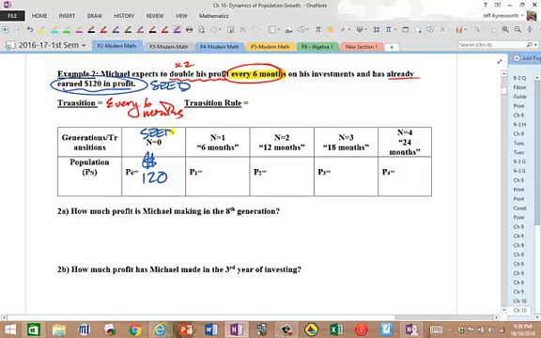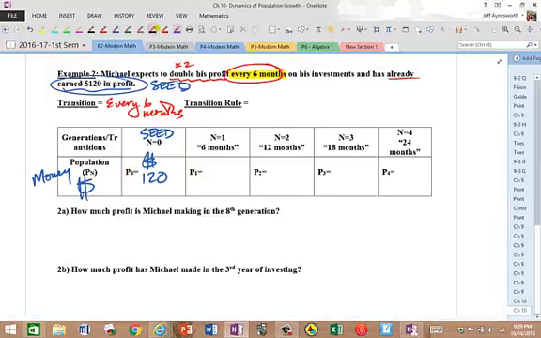In this case, we're dealing with money, so our population deals with money. As I said earlier, population is a general term. It could be people, animals, money, a lot of different things. You have to go with the flow and understand the context of the problem.